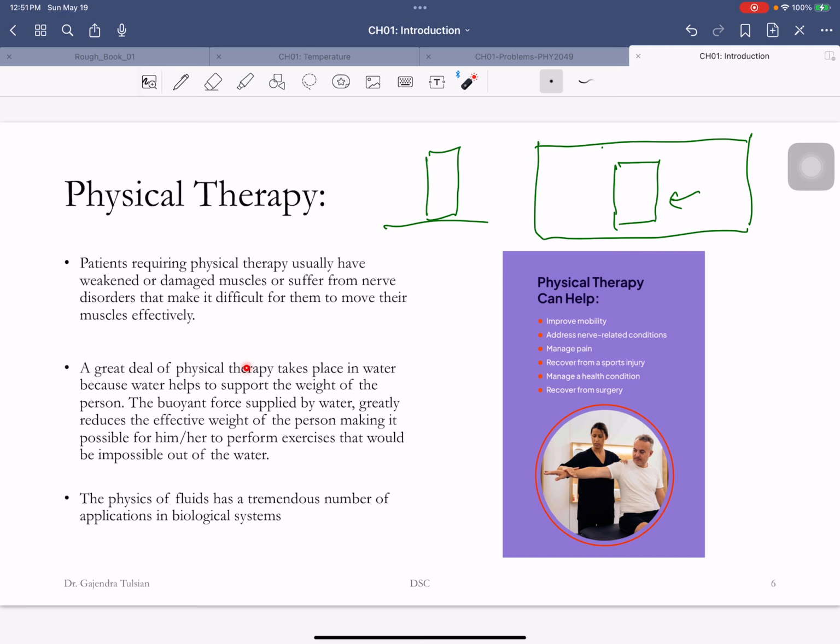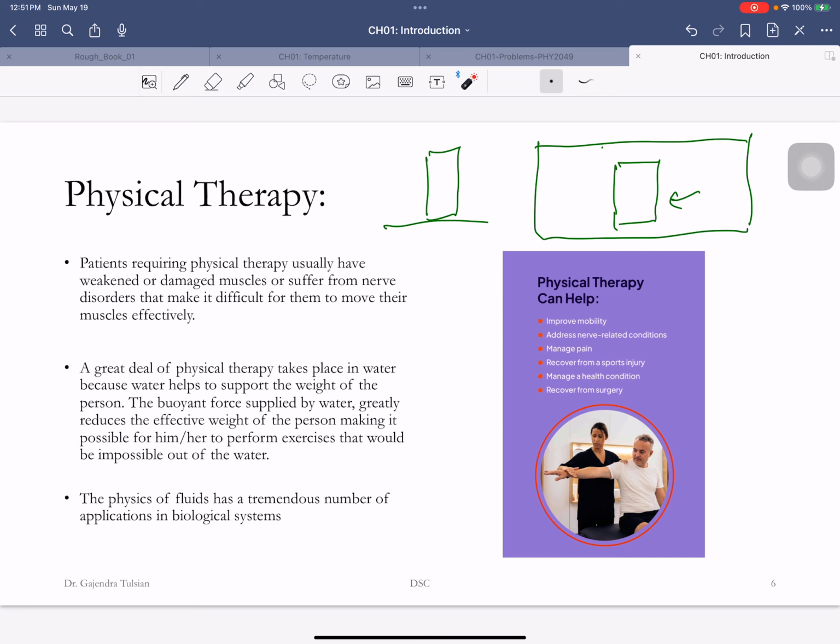So a great deal of physical therapy takes place in water because water helps to support the weight of the person. The buoyant force applied by the water greatly reduces the effective weight of the person, making it possible to perform exercises that would be impossible out of water.